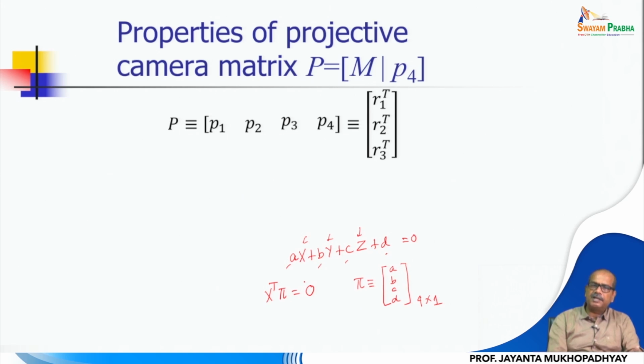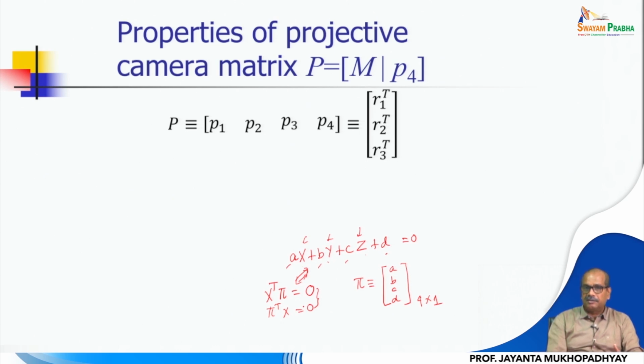It is similar to the line containment relation, extended to the 3-dimensional projective space. So there you can see x and pi are orthogonal. See, x transpose is x, y, z, 1 and pi is a, b, c, d. So, these linear equations can be expressed in this form, or I can also write in this form. This 0 is a scalar value. So, both are expressing the equation of a plane.